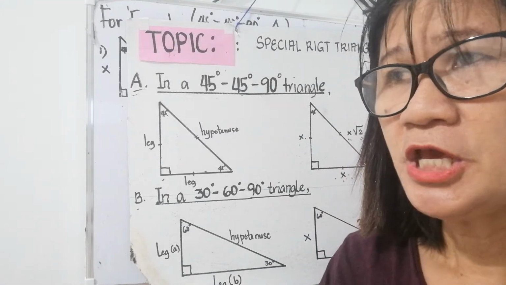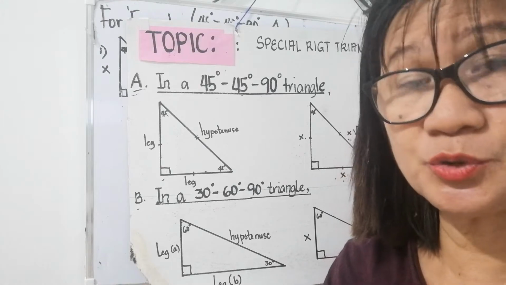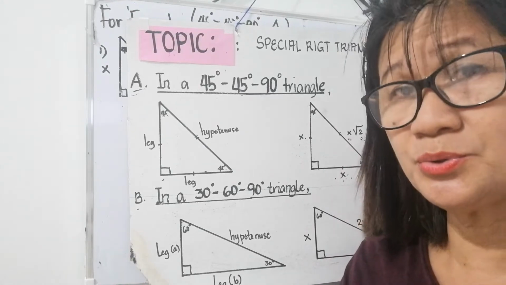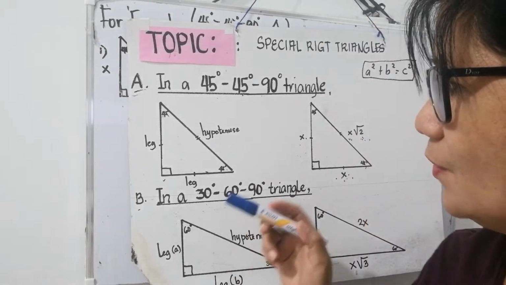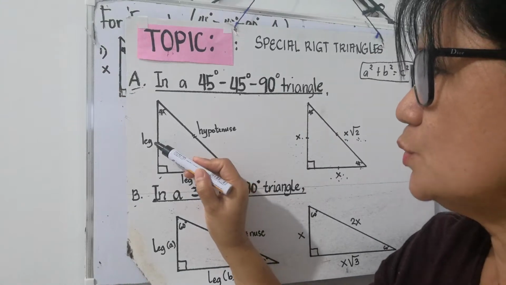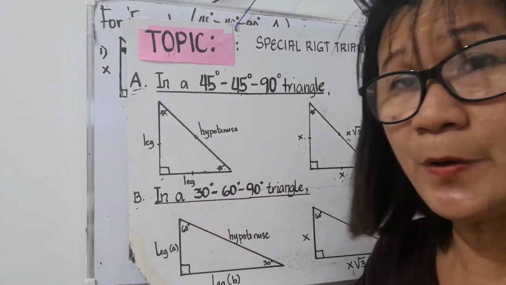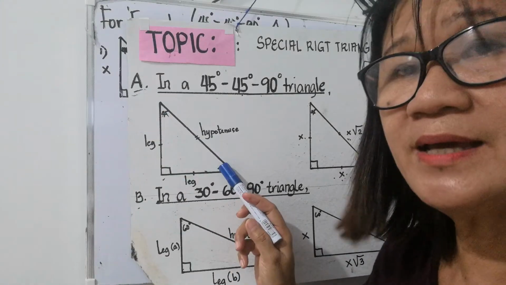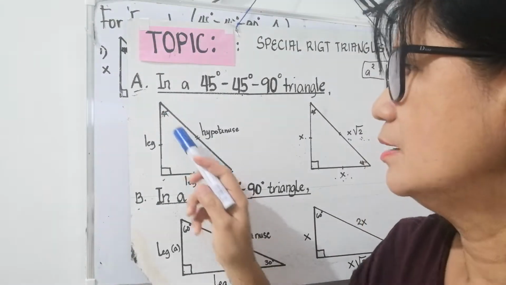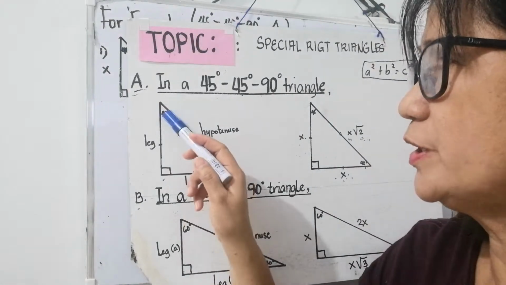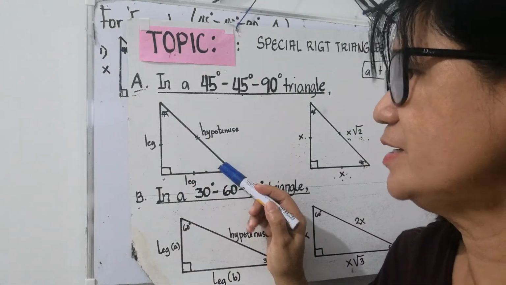Tandaan natin, if a triangle has two congruent sides, then it also has two congruent angles. Kagaya nito, oh. Since the two sides are congruent, therefore these two opposite angles are also congruent. So this is 45 degrees, this is 45 degrees.